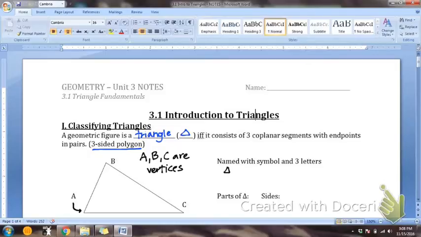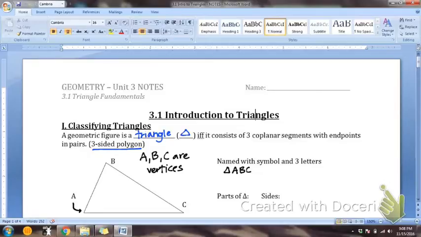Okay, so we name a triangle with three letters. First of all, we're going to use the little triangle symbol, and then we're going to use any combination of the three letters. So we can use triangle ABC, and then think of another example that we could use.